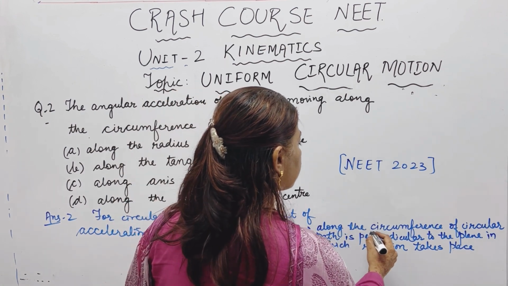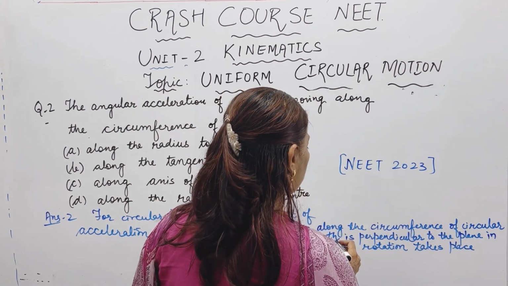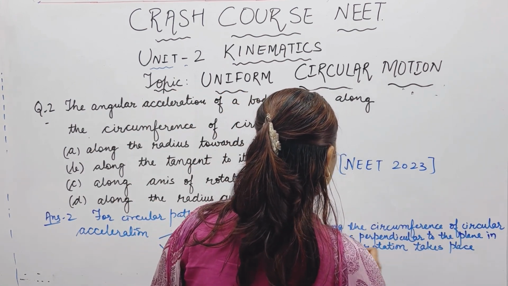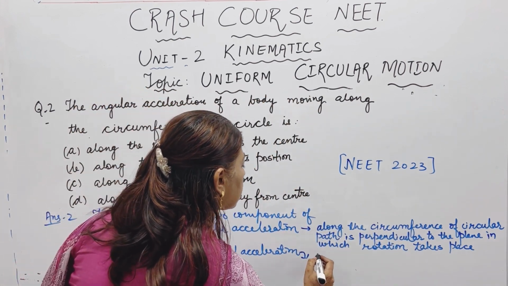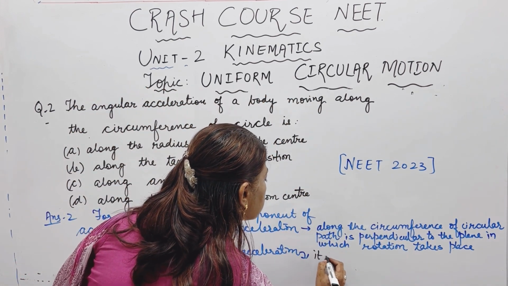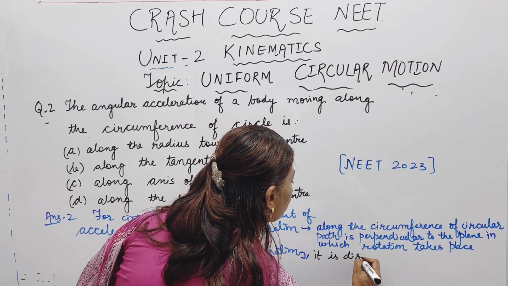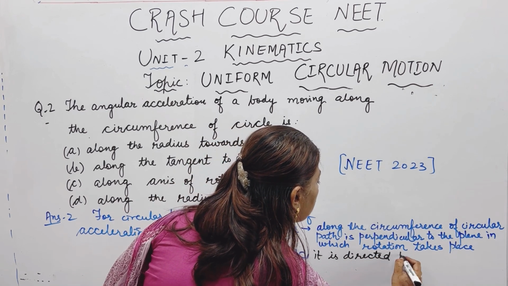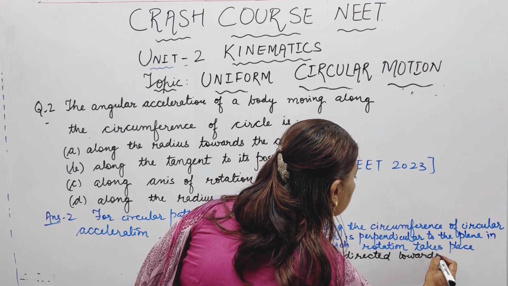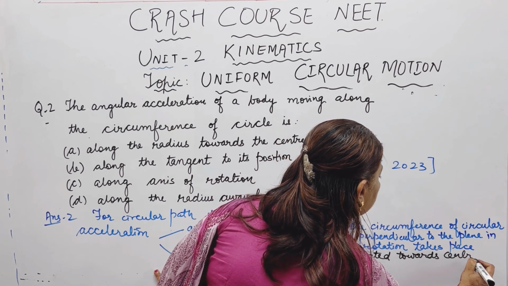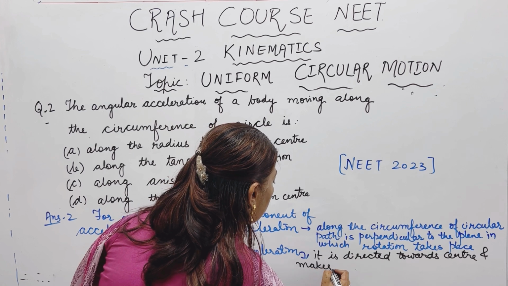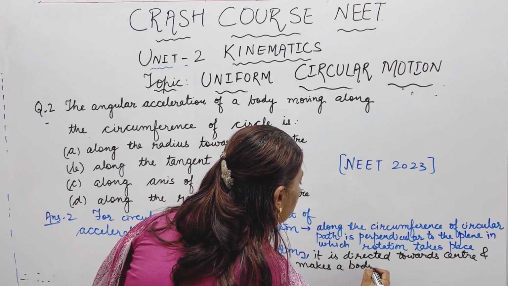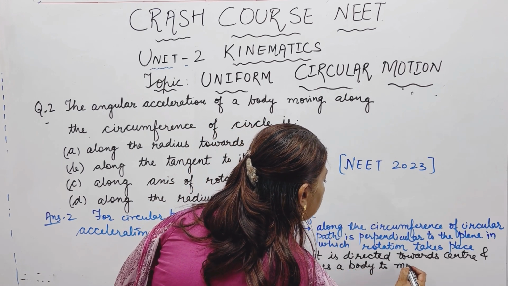The angular acceleration is along the circumference of the circular path and is perpendicular to the plane in which rotation takes place. On the other hand, centripetal acceleration is directed towards the center and makes a body move in a circle.